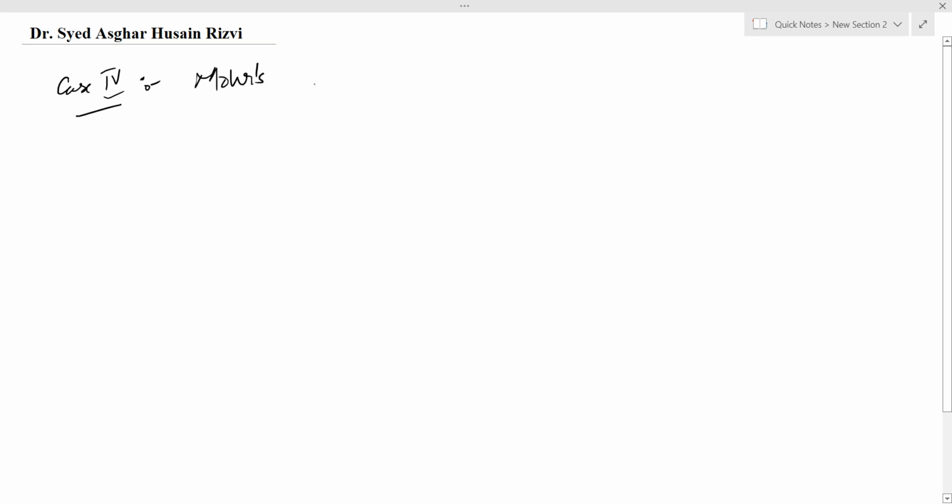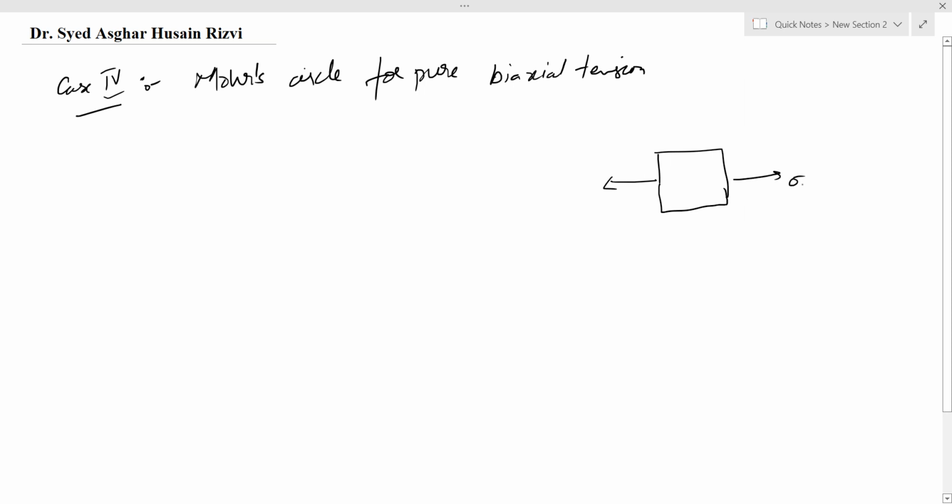Mohr circle for pure biaxial tension. In case 1 we discussed uniaxial tension, but we are now discussing biaxial tension, that is, two mutually perpendicular stresses are acting on the element, sigma x and sigma y. Let us consider sigma x greater than sigma y and we will scale it again.